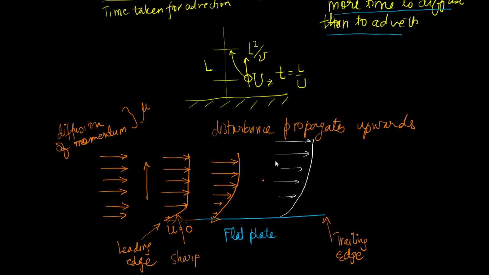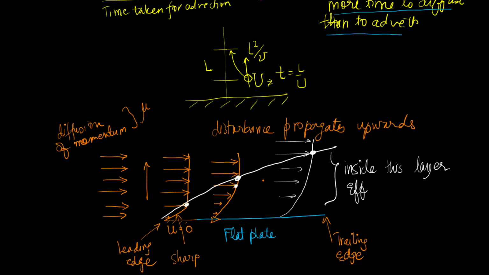If we connect all the points where the velocity is the free stream velocity, we have an envelope. Inside this envelope, the effect of viscosity is dominant, while outside, these regions have not yet felt the influence of the wall.